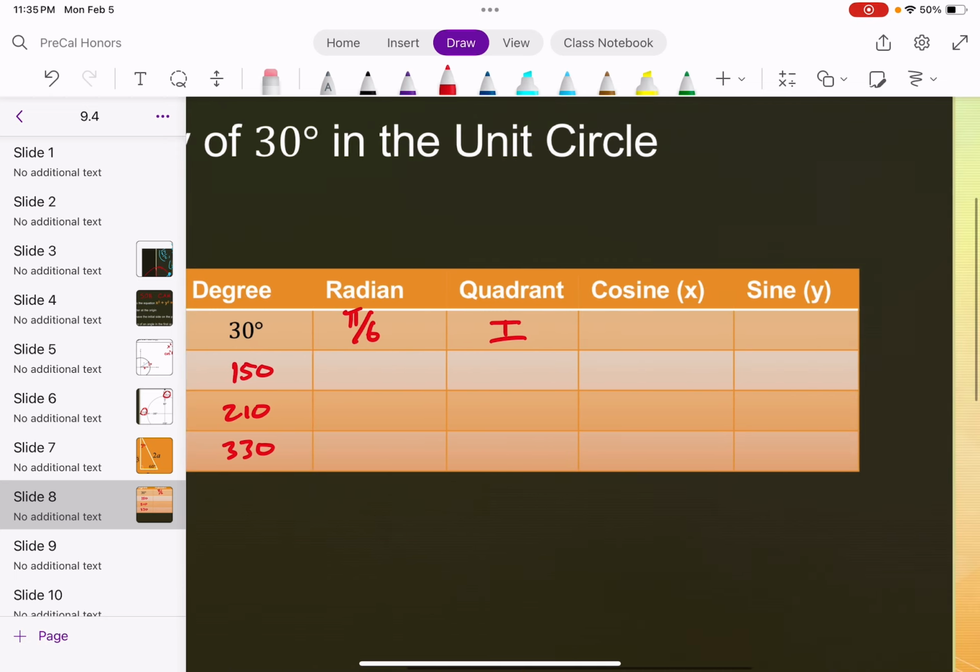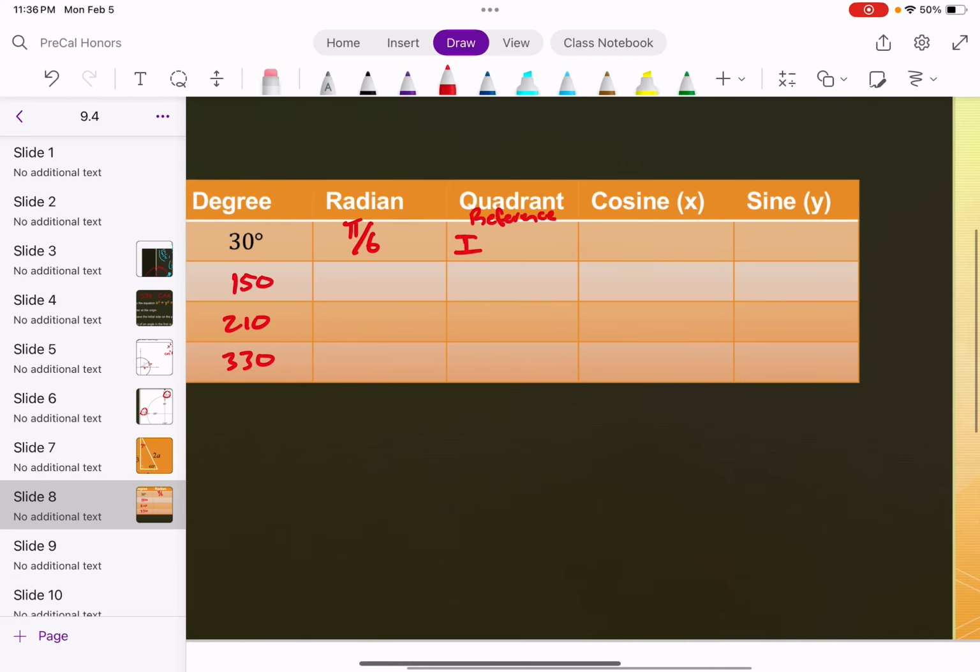Now we can also take a look at what our reference would be for this problem. Because it's in quadrant 1, we would be able to go ahead and figure out our reference angle as well.